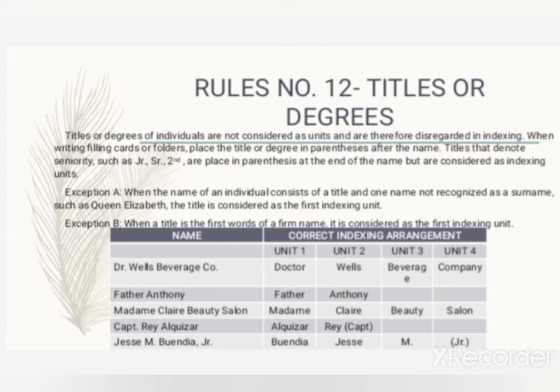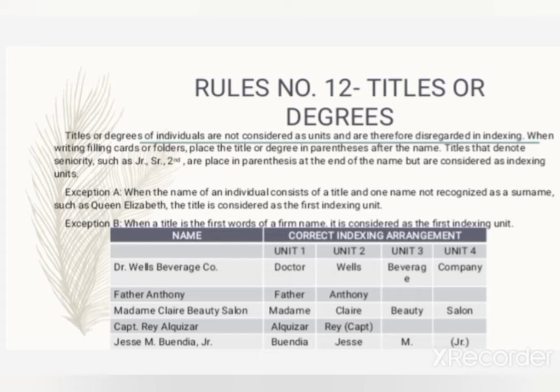Rule number 12. Titles or degrees. Titles or degrees of individuals are not considered as units and are therefore disregarded in indexing. When writing filing cards or folders, place the title or degree in parentheses after the name. Titles that denote seniority, such as junior, senior, second, are placed in parentheses at the end of the name but are considered as indexing units.